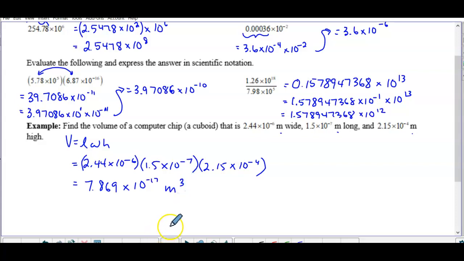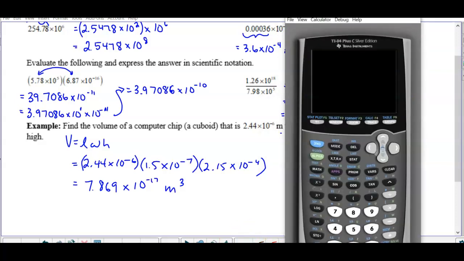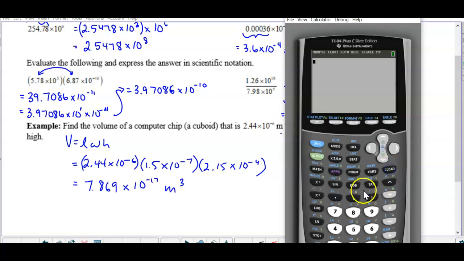Okay. If we take a look at our calculator, let's go back and do this product here. You can put it in just like it has on paper. So times 10 to the 5th.